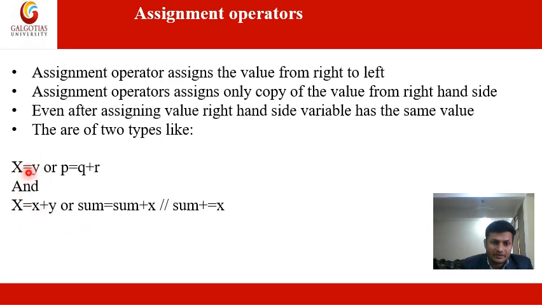Next flavor of this operator is x equal to x plus y. Here in the earlier cases we used different variables on both sides of the assignment operator, but in this one we are using the same variable on both sides.